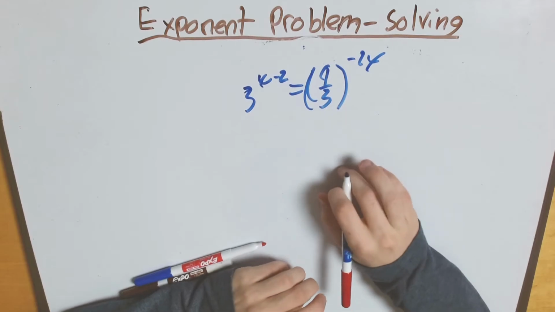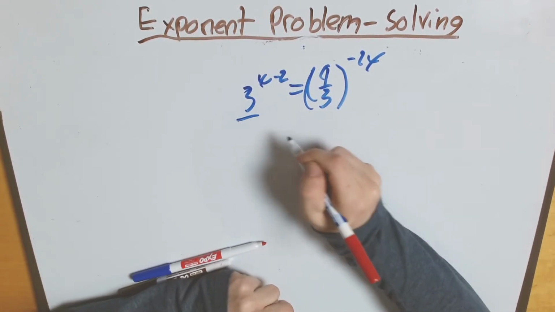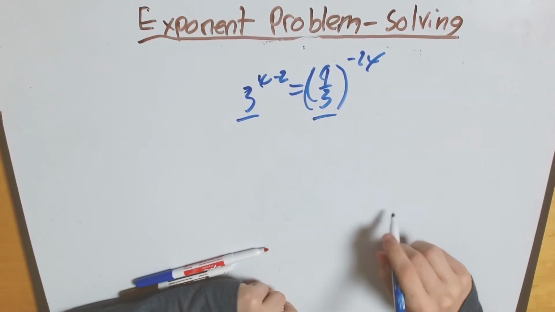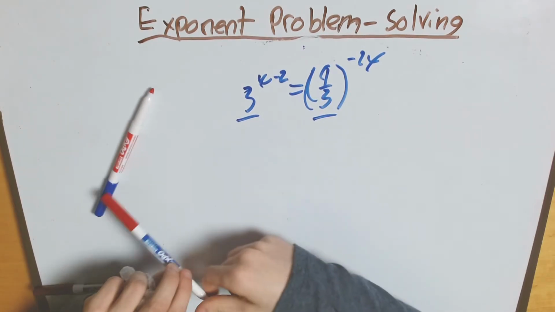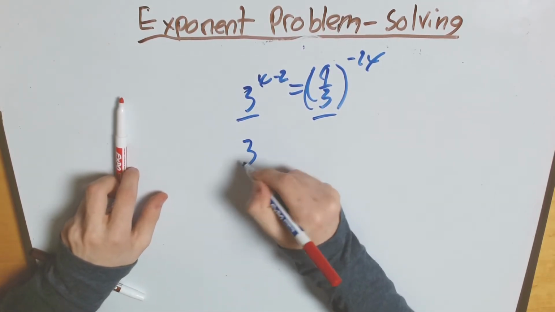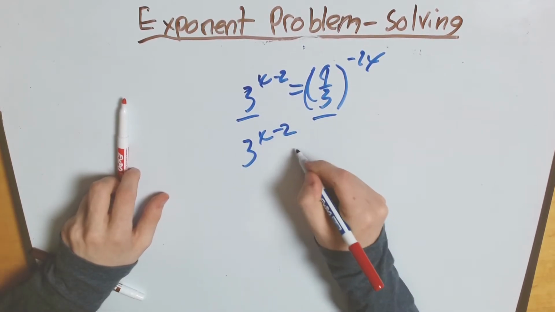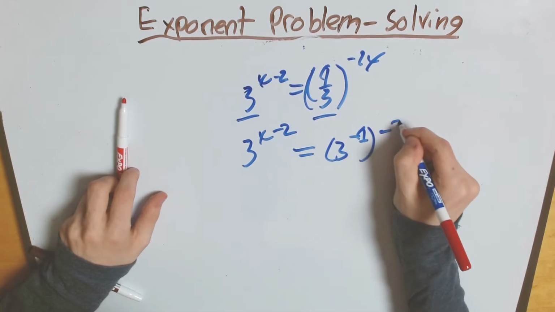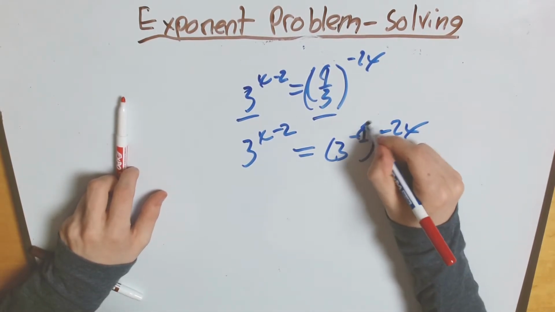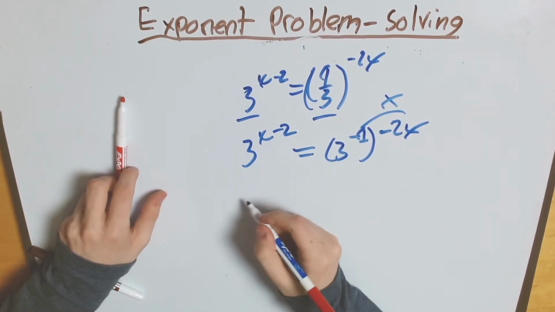We got a lot of stuff going on. First thing I want to do is make sure I can have matching bases. And 1/3 is weird, so I'm going to use my negative exponents law to rewrite that as 3 to the negative 1. So I have 3 to the x minus 2 equals 3 to the negative 1 times negative 2x, right? So I can do my product rule there, multiply them out.